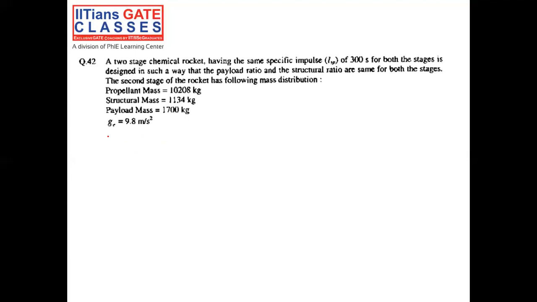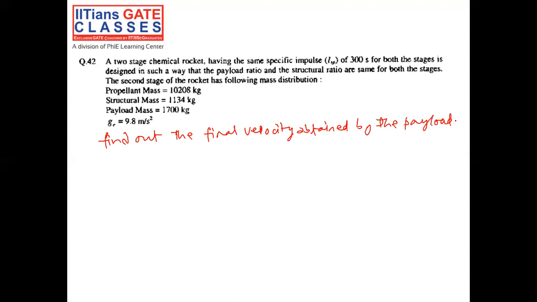So the question was, we had to find out the final velocity. I'll just write the question here. Find out the final velocity obtained by the payload of a two-stage rocket.